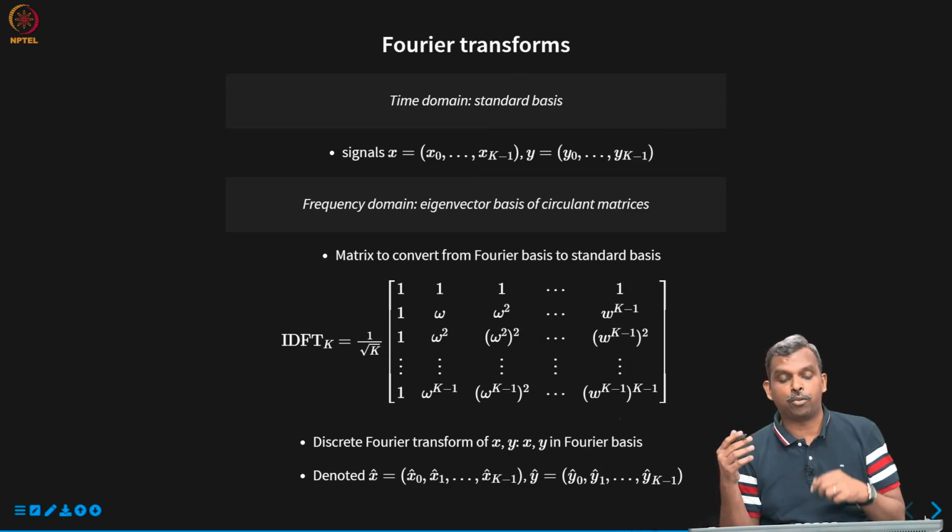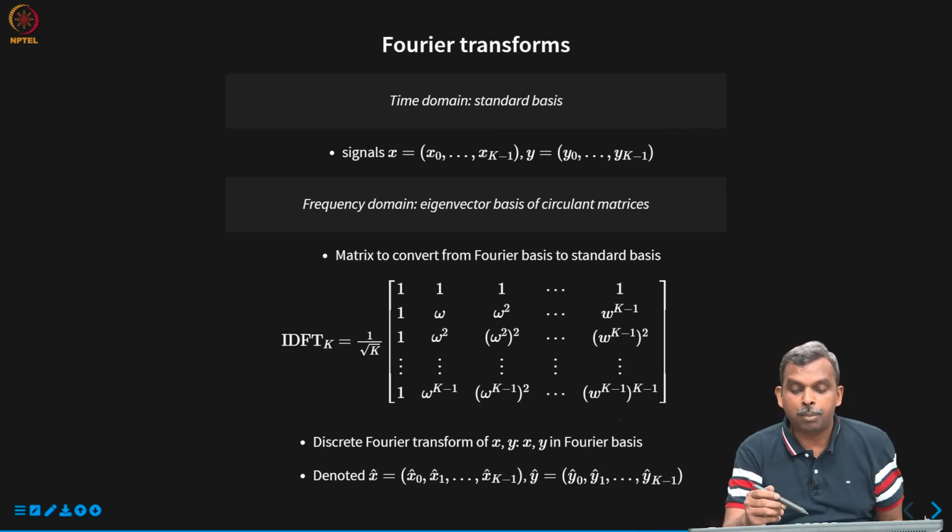That's particularly powerful. What people do to go to this so-called frequency domain or Fourier domain is to take your signals and then simply try and express them in the eigenbasis. The eigenbasis is also called the Fourier basis.